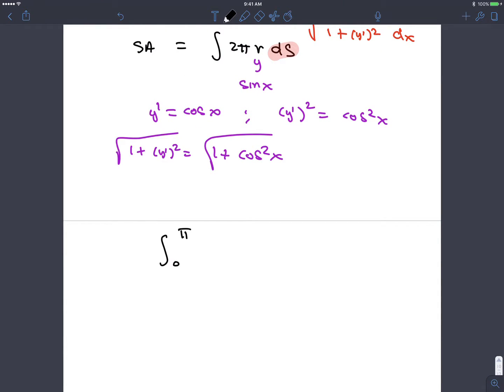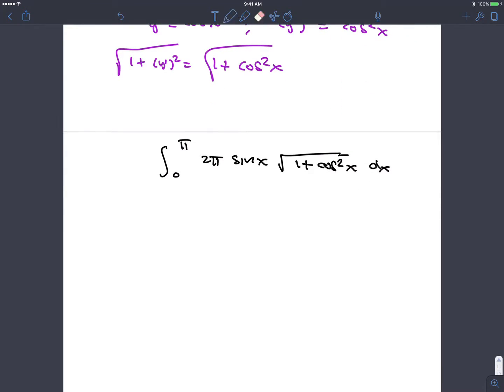0 to pi, 2 pi sine x square root 1 plus cosine squared x dx. Let's write that a little better. Okay, so far so good?